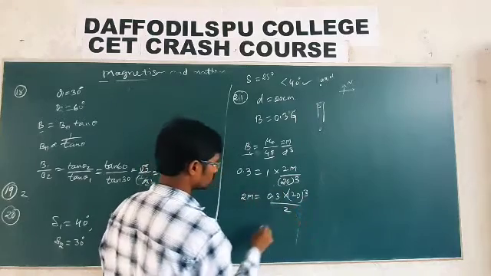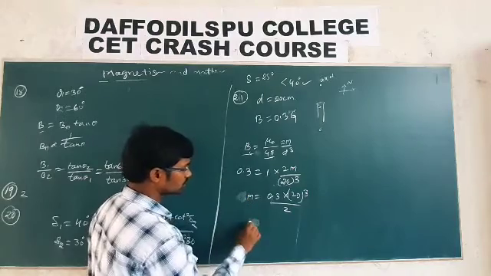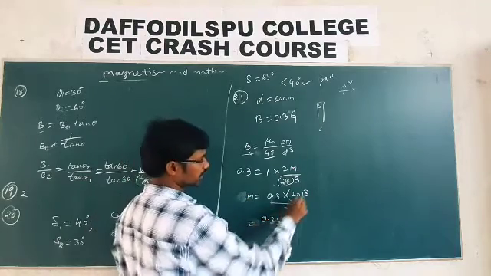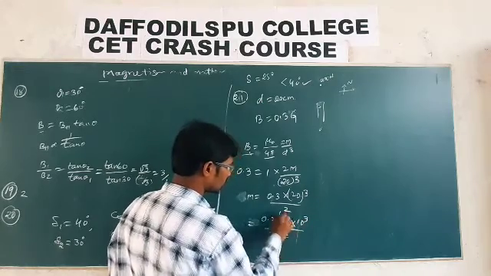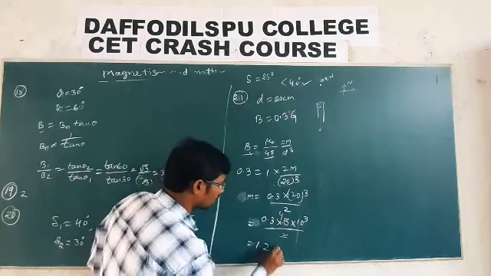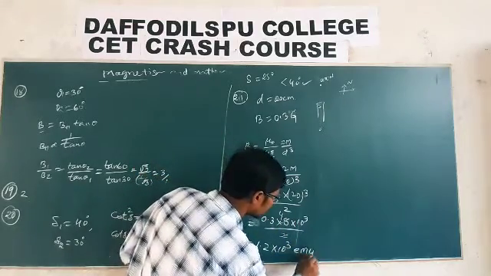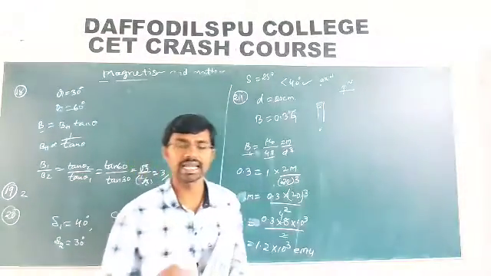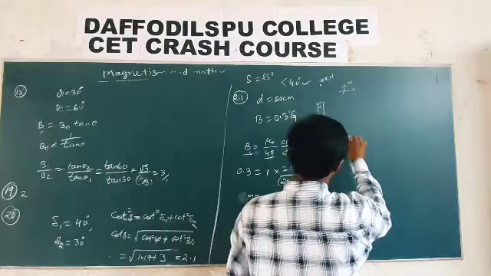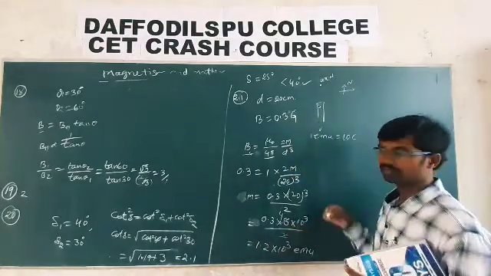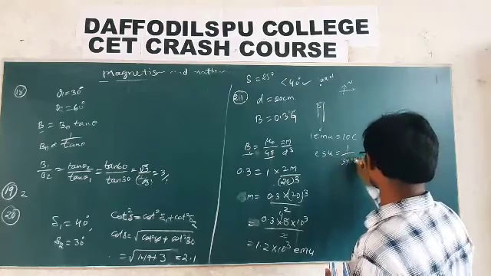Let us take the remaining. 2m is equal to 0.34 into 10 power minus 4 into (0.4 square minus 0.0225) whole square, by 10 power minus 7 into 0.4.